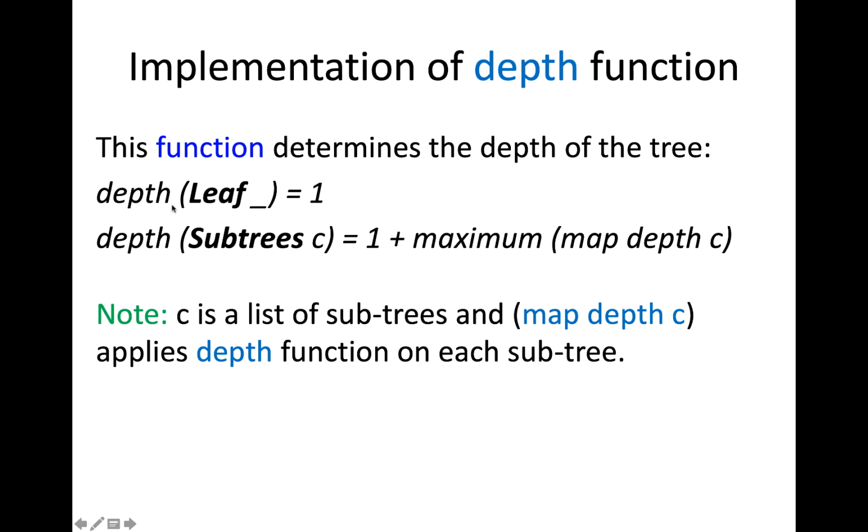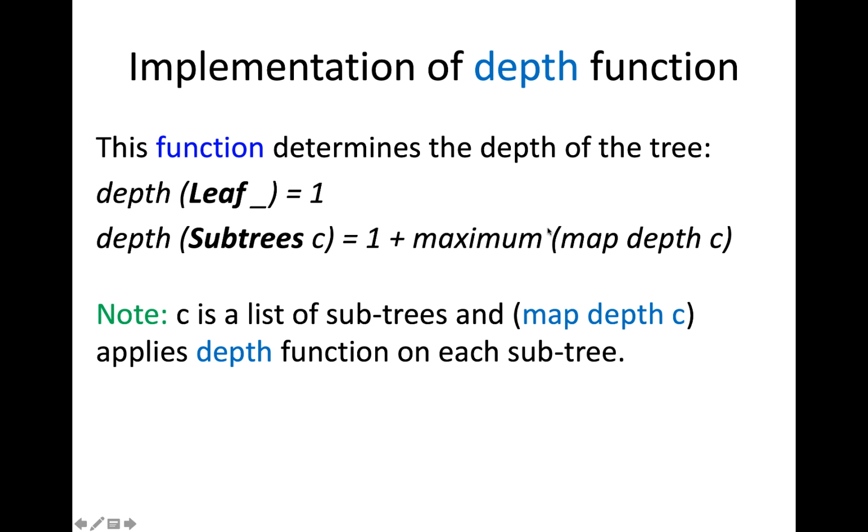So the depth function, when the input is a leaf, that's the base case of the tree, we can just return 1. Otherwise, when the tree has a bunch of subtrees and the list of subtrees is C, what we can do is use map and apply the depth function on each item of C. That means each subtree in the list C, we apply this depth function using map.